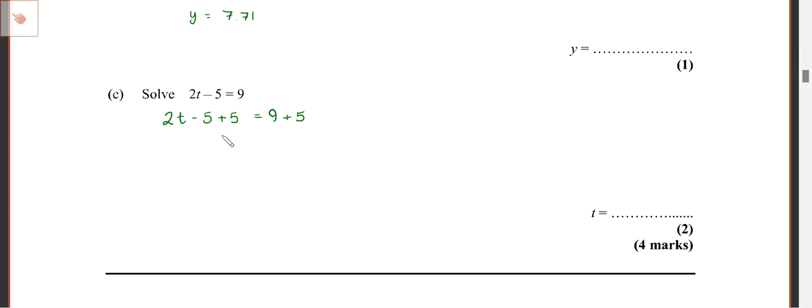So that would be 2t equals 14. So if 2t equals 14, we've now got a second step. So this one is called a two-step equation because instead of having one thing to do, we've now got a second thing to do. And we've got t equals 7. Okay.